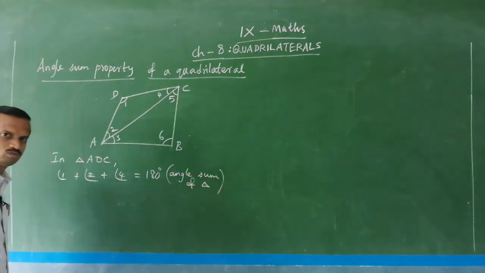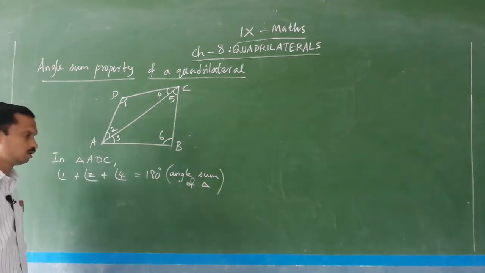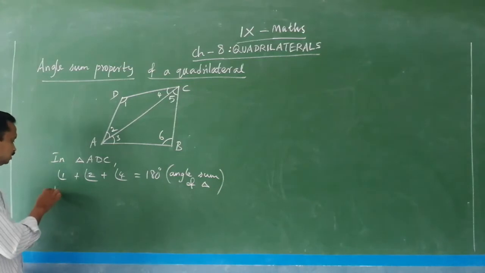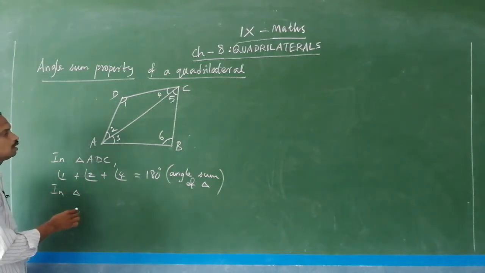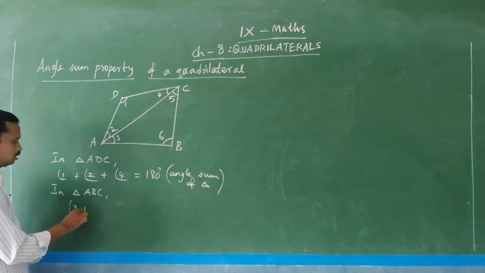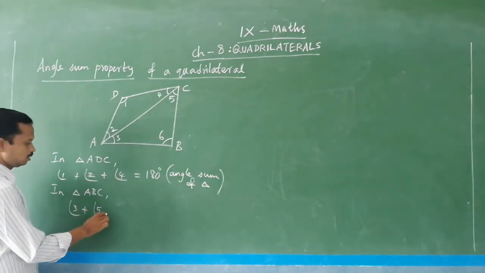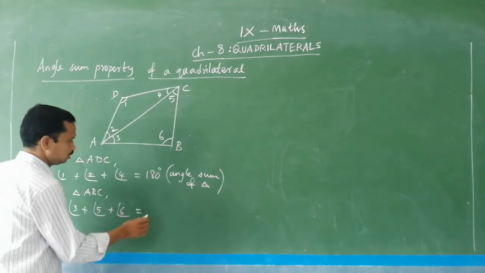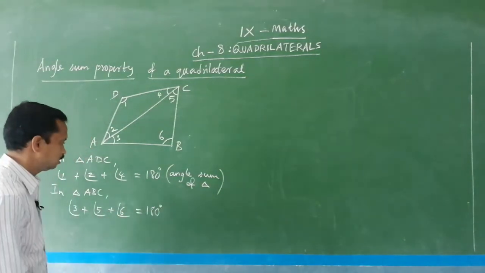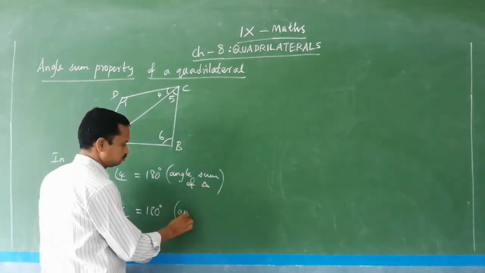Angle sum of a triangle is what? 180. That we have already learnt in the previous chapters. And in triangle ABC, angle 3, angle 5 and angle 6 is also 180 degrees, for the same reason, the angle sum of a triangle.